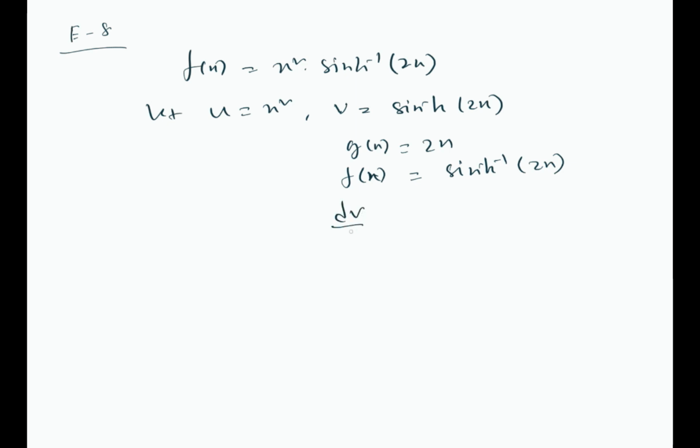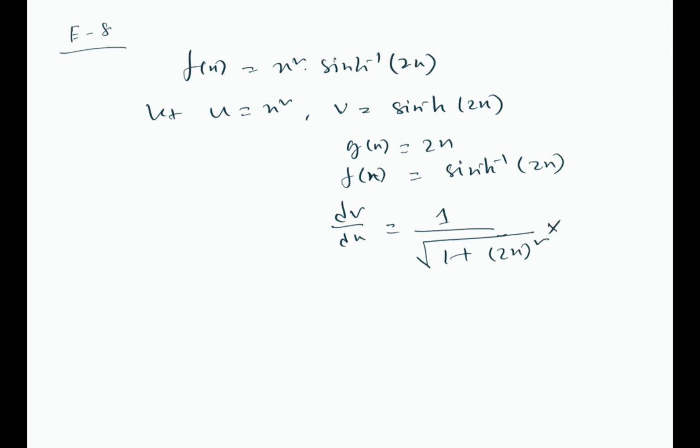So the derivative of v with respect to x would be 1 over the square root of 1 plus x squared, since the derivative of inverse hyperbolic sine of x is that. Here we have 2x, so 2x squared.